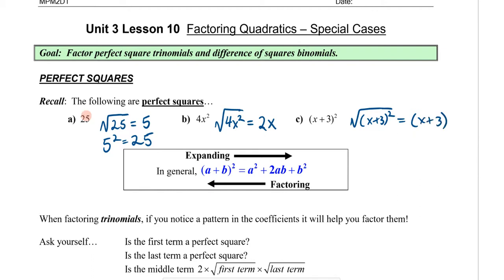So there is a little thing here with perfect squares that will help us factor specific trinomials. If you recall, in general, if you had a factored (a + b) and it's being squared, if you expanded it using the distributive property, you would get a squared + 2ab + b squared. Just to show you one more time, (a + b) squared can be written as (a + b) times (a + b).